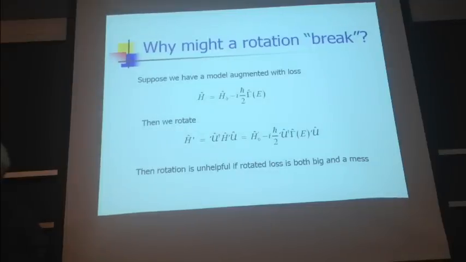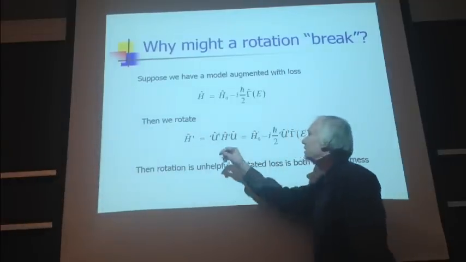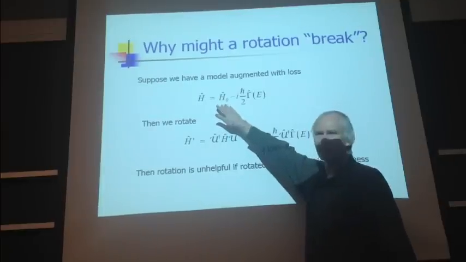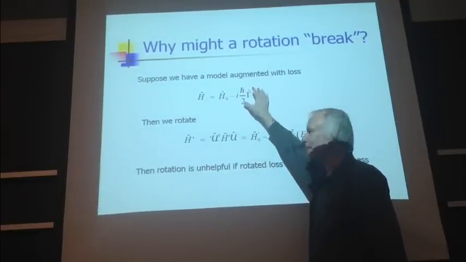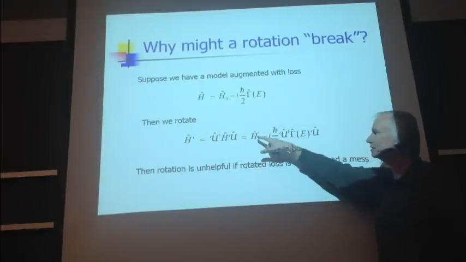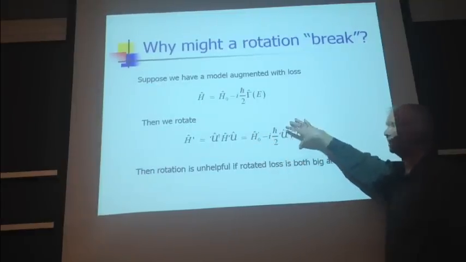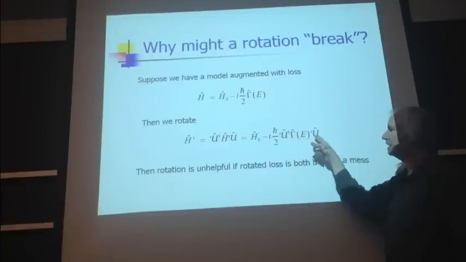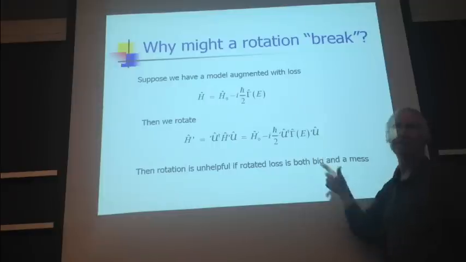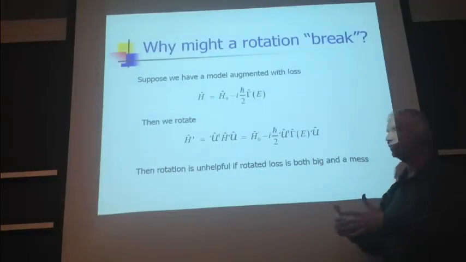Okay, why might a rotation break, with quotes? Suppose I start out with a problem that's loss-free that I can rotate. It's got first-order coupling. Now I have loss. Well, the rotated version of the problem gives me something where the first order coupling is eliminated, but that same rotation has to rotate the loss. And the argument is, if this becomes a mess, there are conditions under which there are parts of the problem where the loss is very, very, very strong.